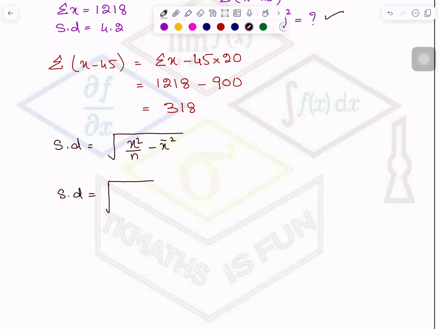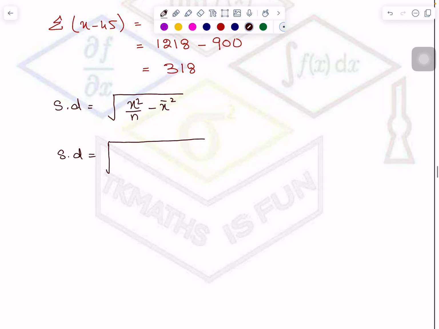Instead of x, I will write x minus 45, and the mean of it is sigma (x minus 45) divided by n. This is the mean of coded data, and you will square it because the mean is squared here.